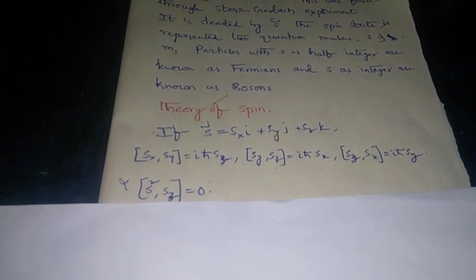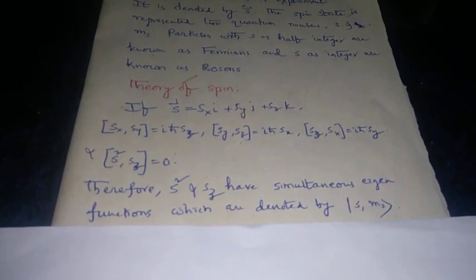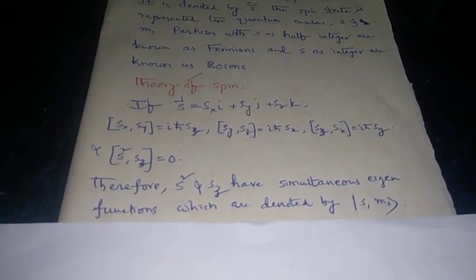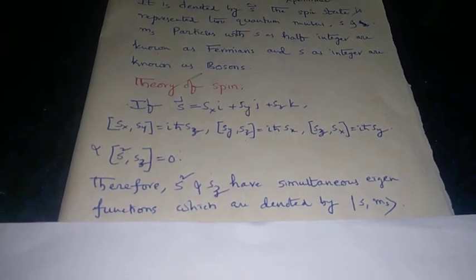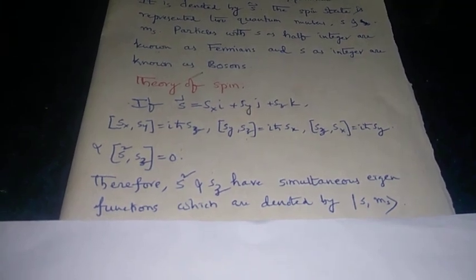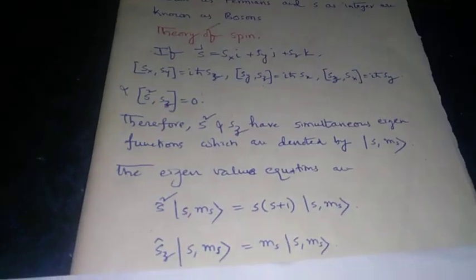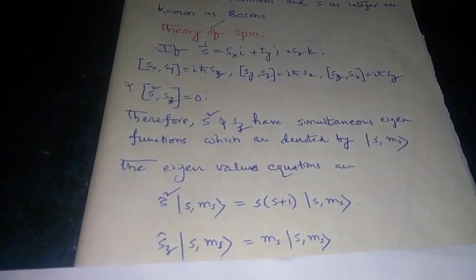0 as answer. Since S square and Sz are commuting, we can expect simultaneous eigenfunctions for these operators, and if you take that as ket s, ms, then eigenvalue equations can be written.